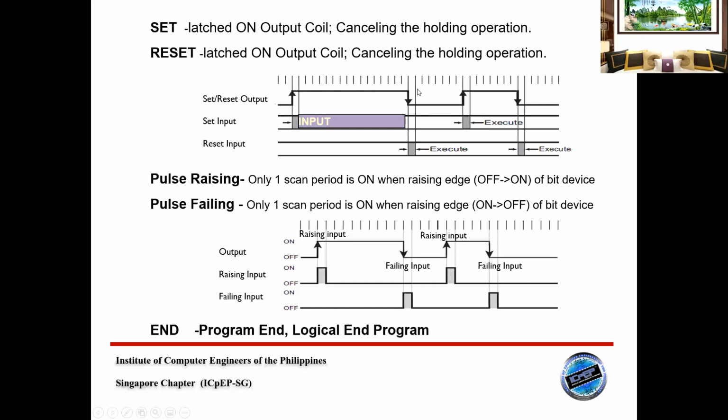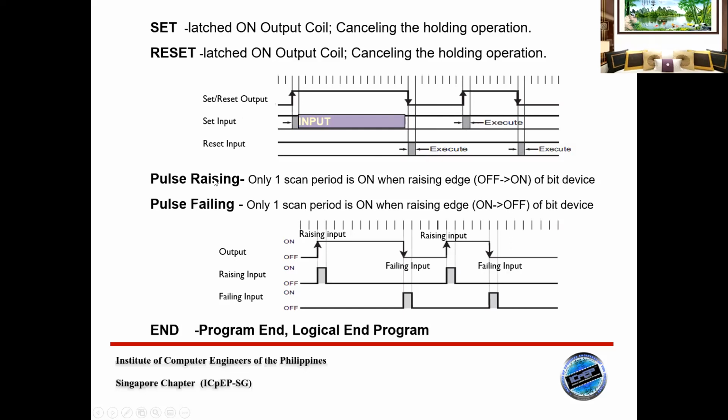Since it is 1, when I press reset, my output will go to 0. Again, when I press set, since my condition was reset already, my output will become 1. So that is set and reset.